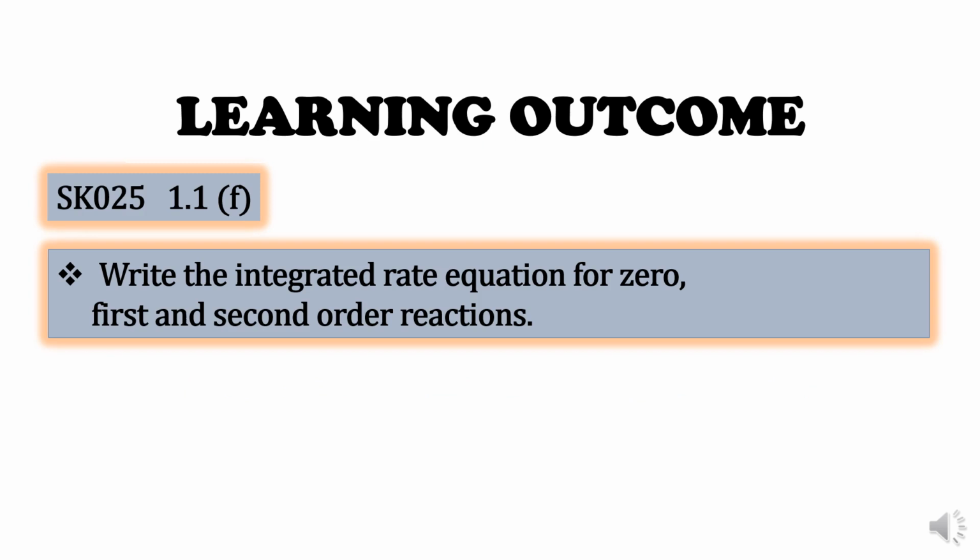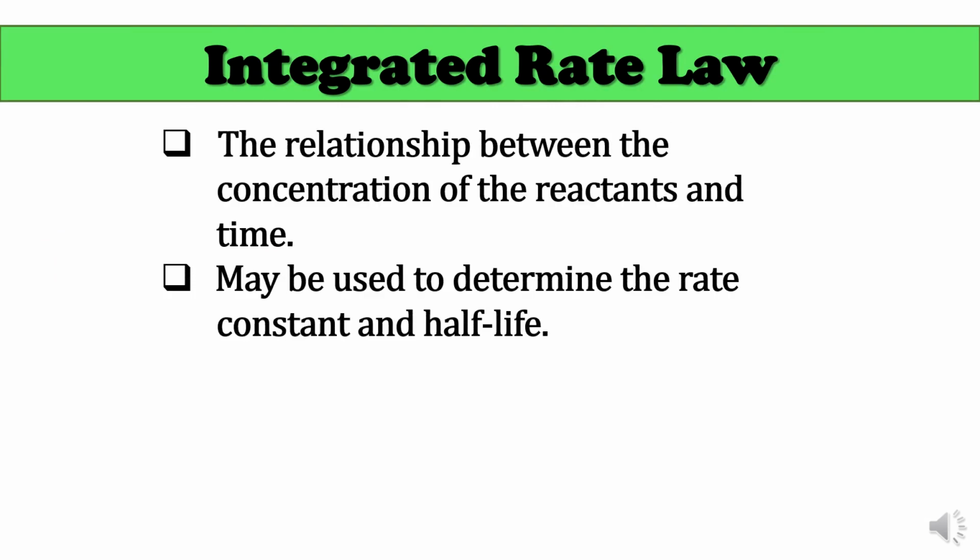The last objective for this subtopic is write the integrated rate equation for zero, first and second order reaction. Integrated rate law shows the relationship between the concentration of the reactant and time. It can be used to determine the rate constant, half-life, and the concentration at particular time.